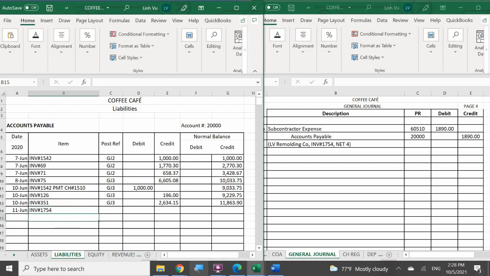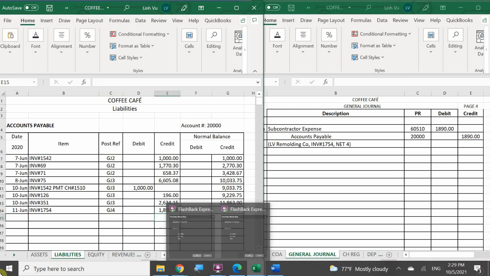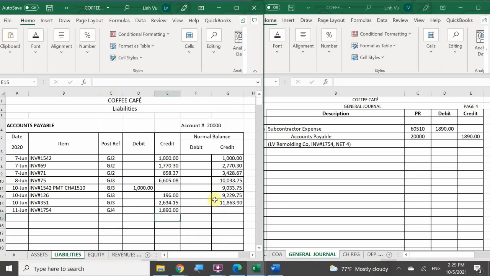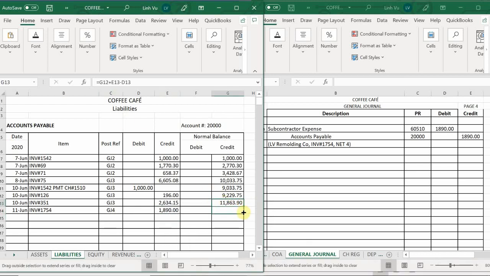Yes. Page number 4. Okay, so we have 13,753.90. Good, right? Good.